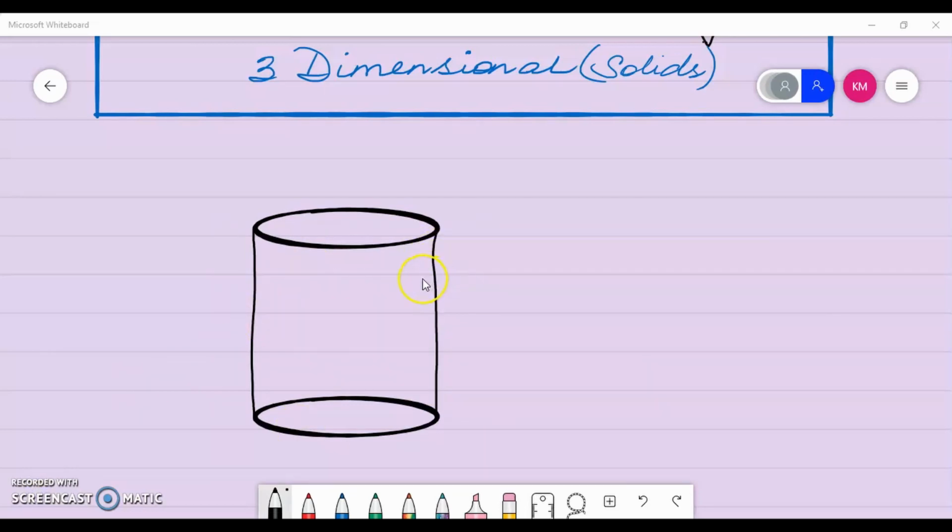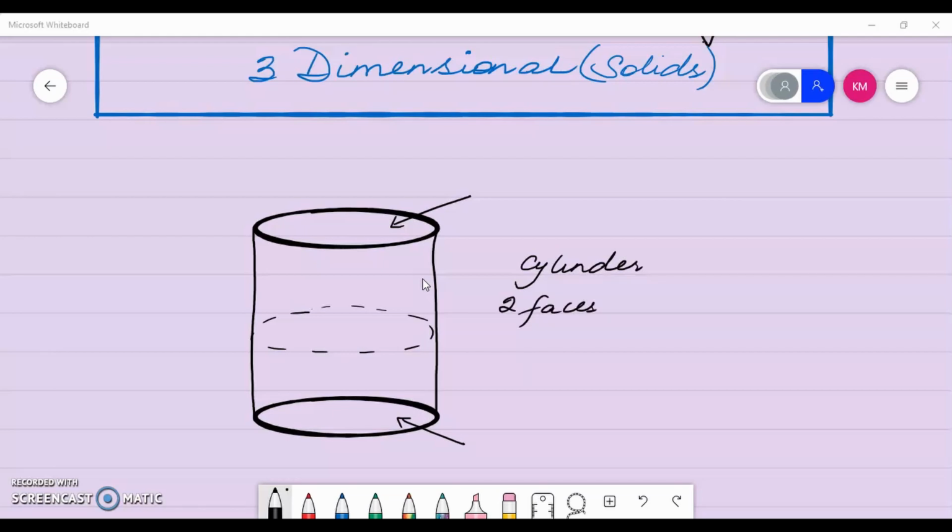This solid is called a cylinder. Our cylinder has 2 circular faces and 1 curved surface. So this here is our curved surface. It goes right around. This is our face. So there's 1 face up here and 1 face underneath here. So our cylinder has 2 faces.